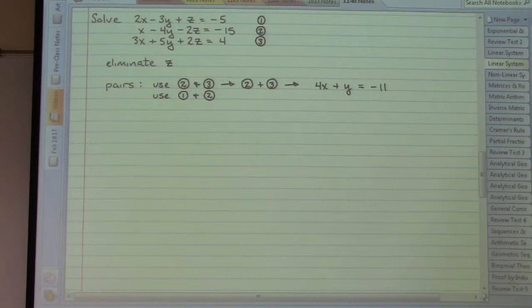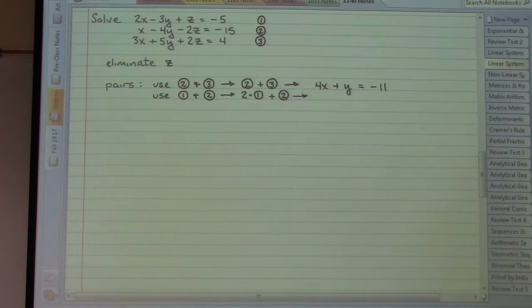So if I can get a 2 out in front of my first equation, 2 times the first equation, I will be able to then add that directly to equation number 2 and come up with the second equation that I'd like to have for my particular system here.